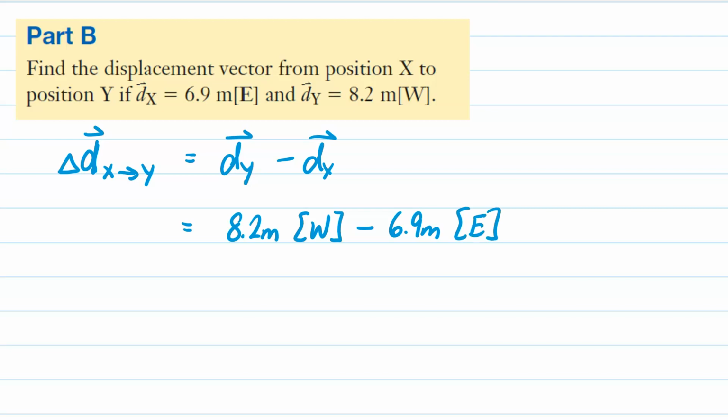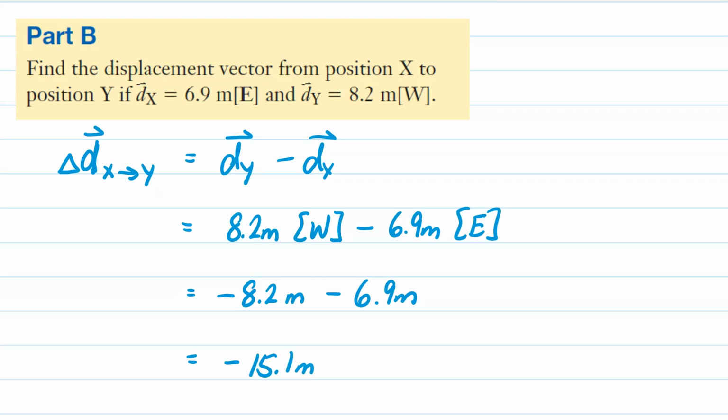Remember, west is a negative direction. So what I would do is say this is a negative 8.2 meters, and I'm going to subtract from that 6.9 meters. So negative 8.2 minus 6.9 equals negative 15.1 meters. Okay, what about a final answer?